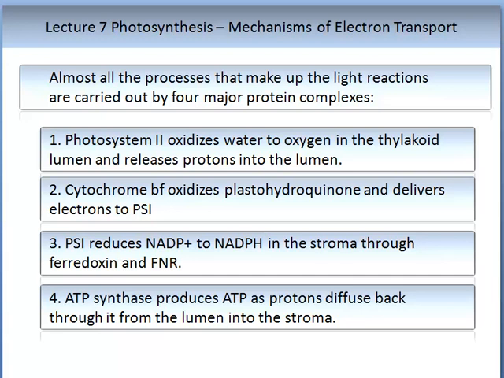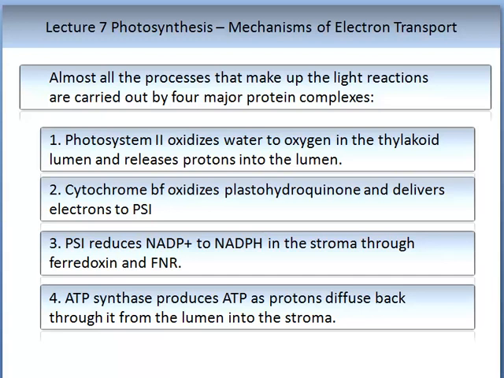Almost all the processes that make up the light reactions are carried out by 4 major protein complexes. There is photosystem 2, cytochrome b6f, photosystem 1 and ATP synthase. In summary, photosystem 2 oxidizes water to oxygen in the thylakoid lumen and releases protons into the lumen.